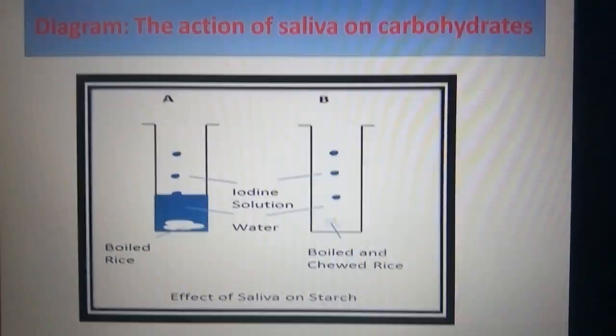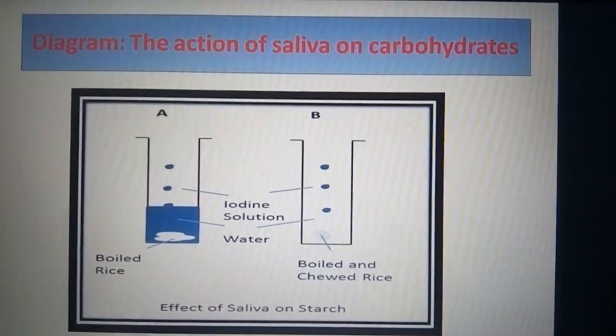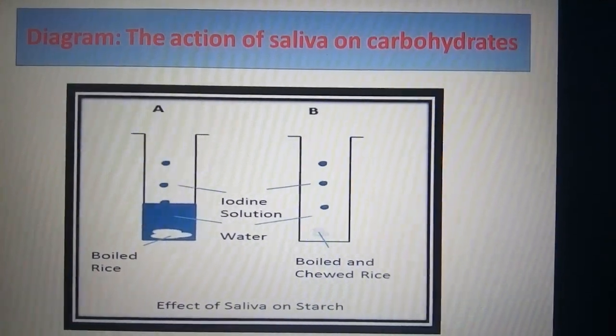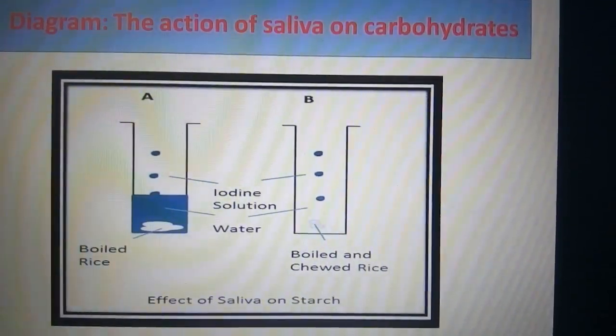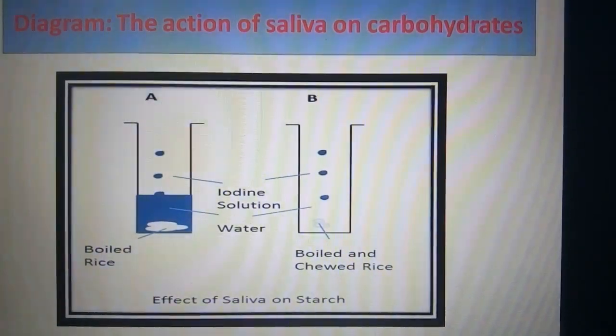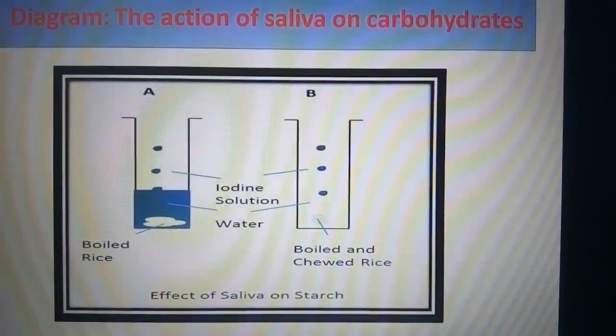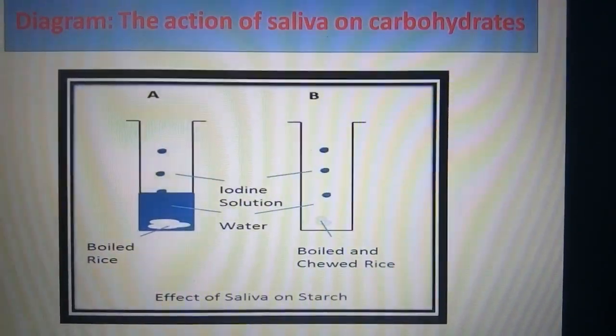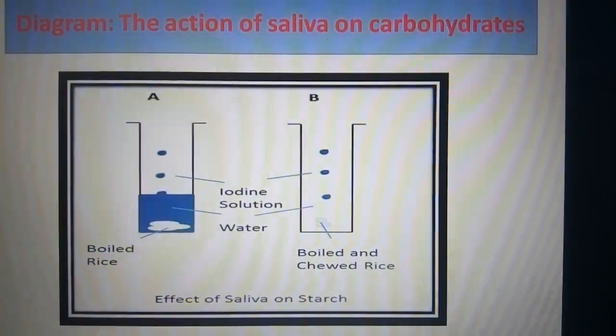So the same description is shown to you here in the diagram. Section A and B, that means A is the test tube A and B is the test tube B, where you see in test tube A there is boiled rice, in test tube B boiled and chewed rice.